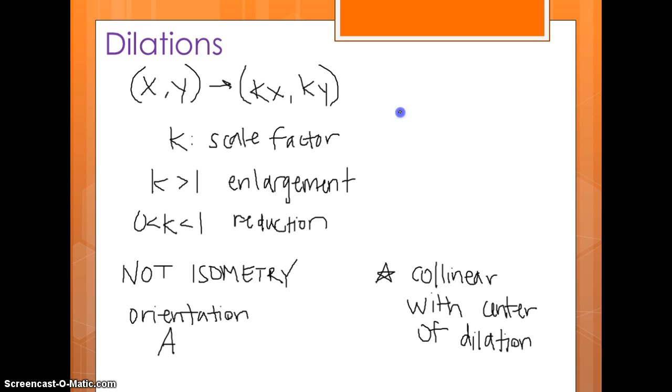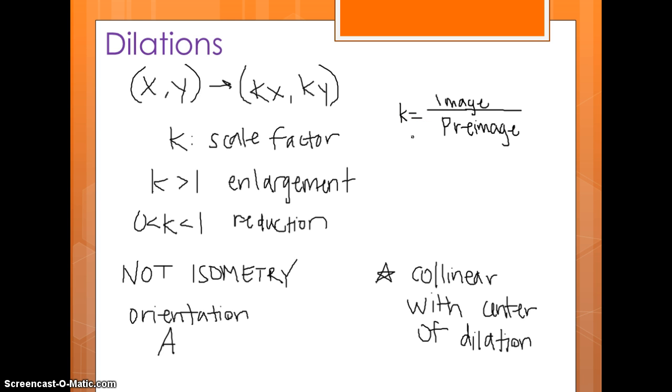So remember KIP: K equals I over P, which is the image over the pre-image. And this is talking about the distance the image and pre-image are from your center of dilation. So that's how you find your scale factor.